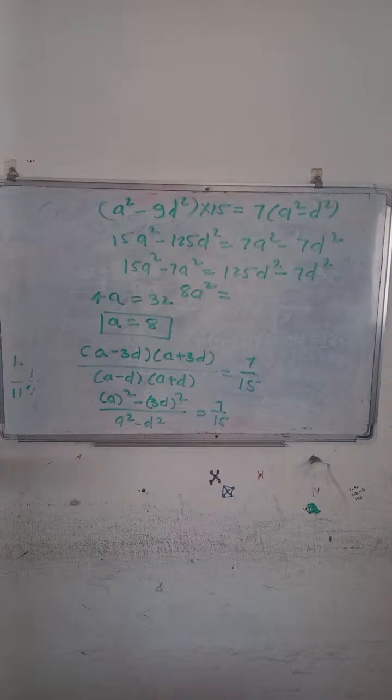Oh, I made a mistake. That is 15 into 9. 15 into 9 is how much? 15 nines are 135. Okay, do that correction there. 15 nines are how much here? 135.